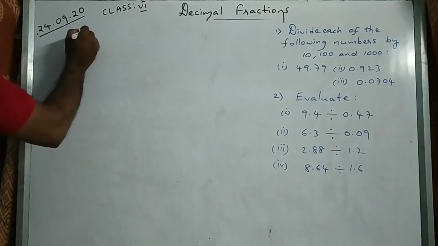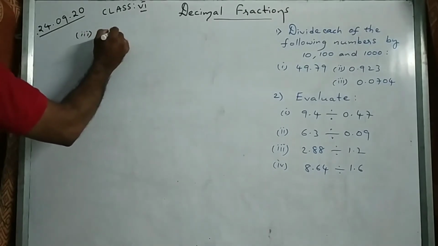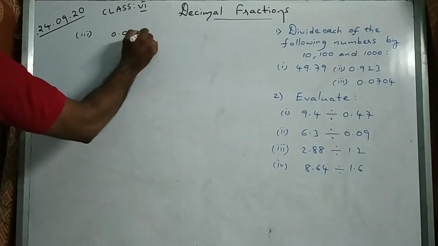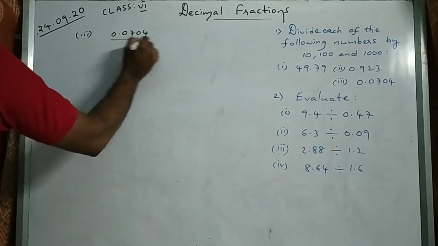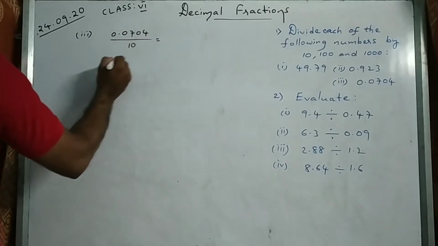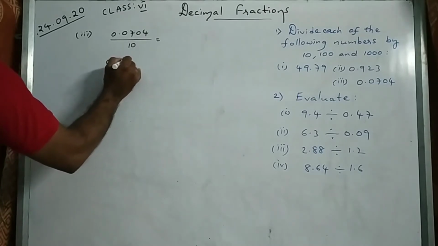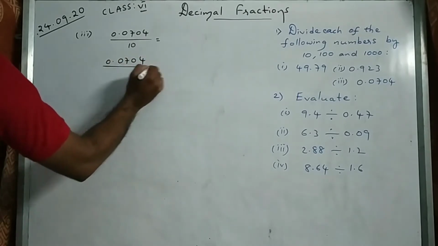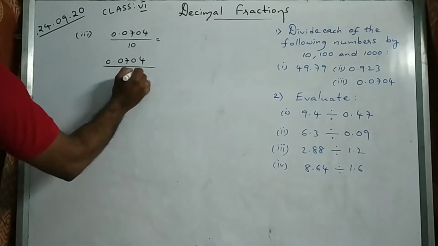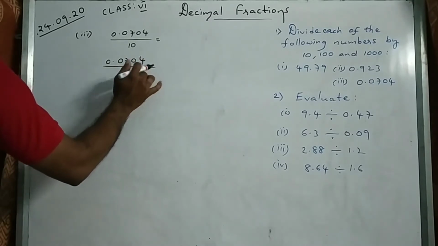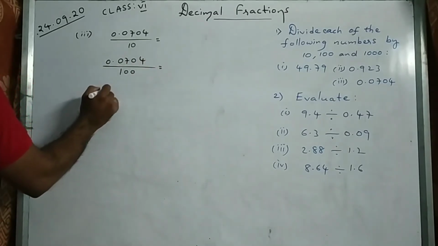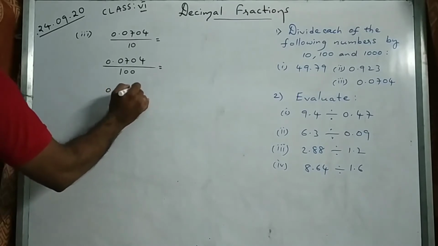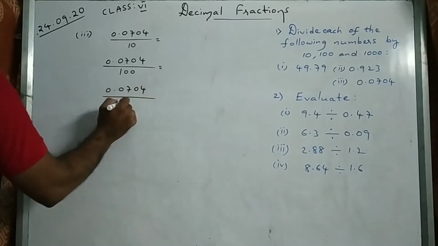Third one: 0.0704 by 10, 0.0704 by 100, 0.0704 by 1000.